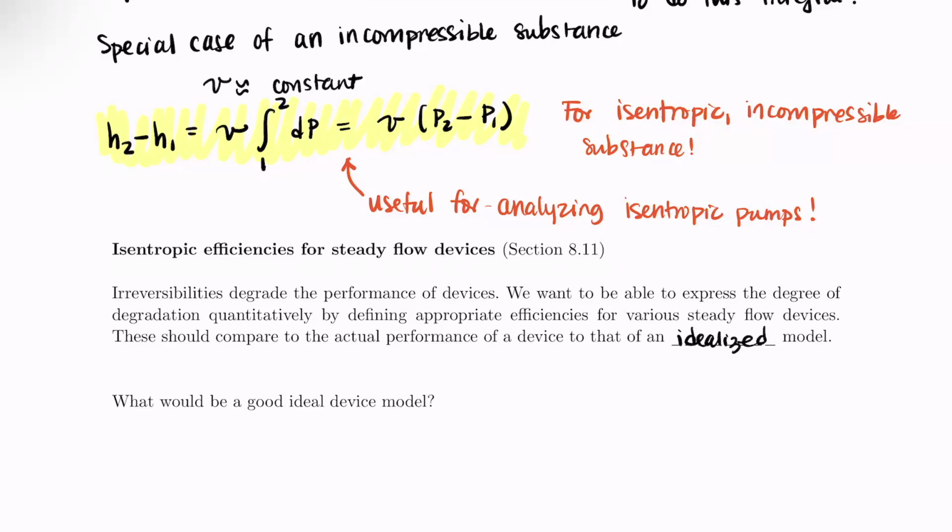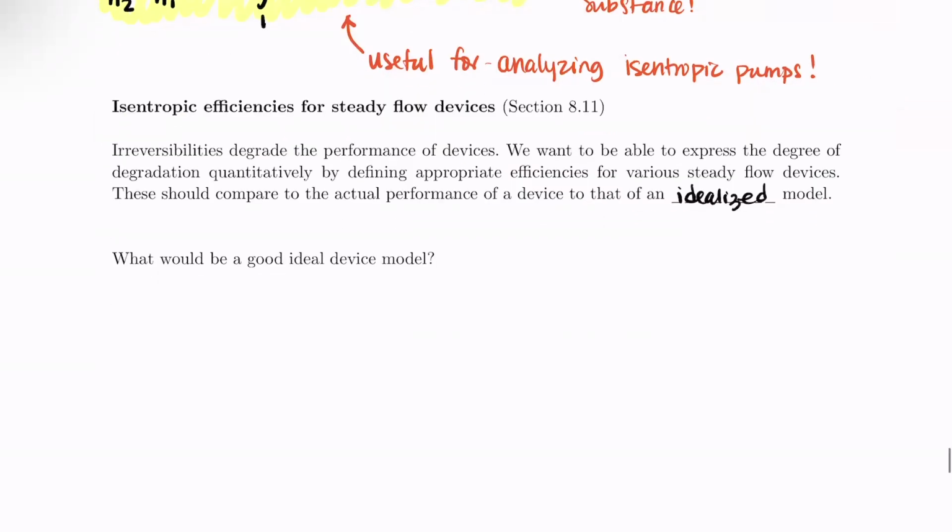Okay, so what would be a good ideal device model? All right. So when we're talking about real systems, we have heat transfer between devices like turbines, compressors, and all those things. So heat transfer to ambient is unavoidable, but they're designed to operate under adiabatic conditions.